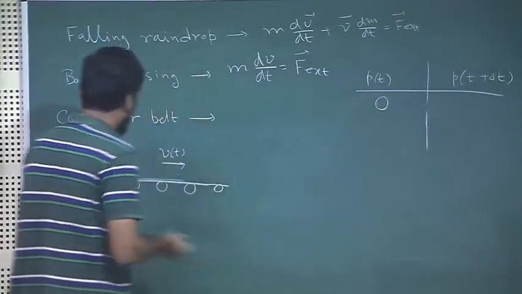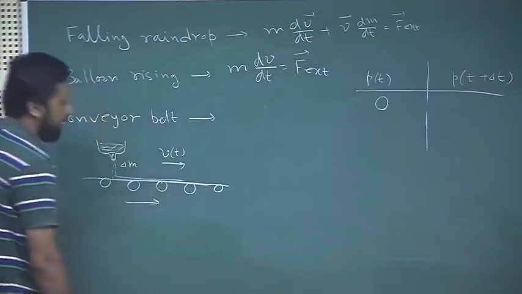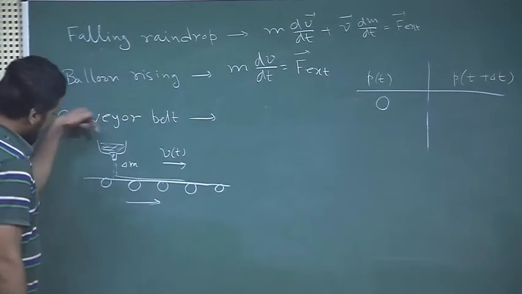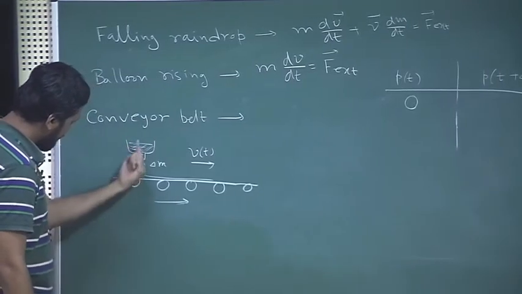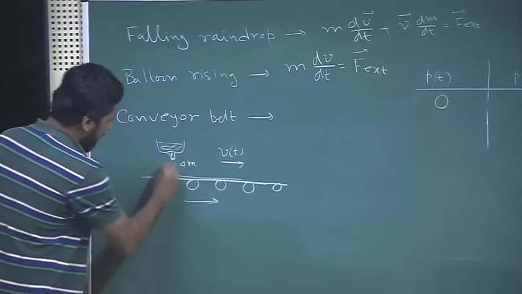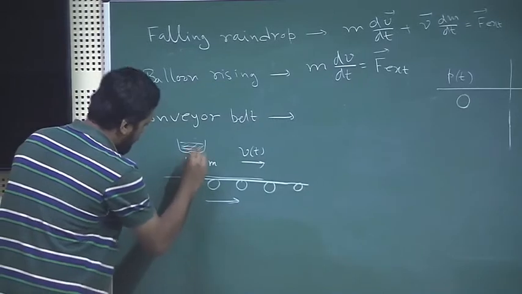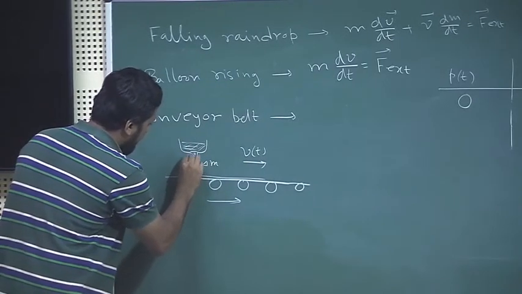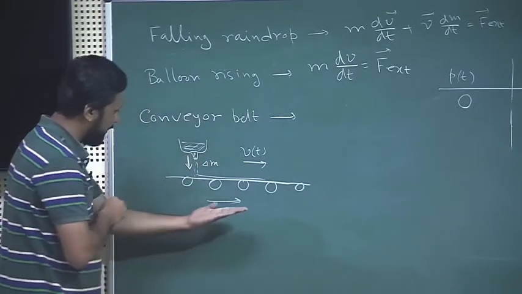I mean the net momentum in this particular direction, because the sand is dropped from a direction, and when it is falling on this conveyor belt, it has a velocity which is in this direction, which is perpendicular to this direction.